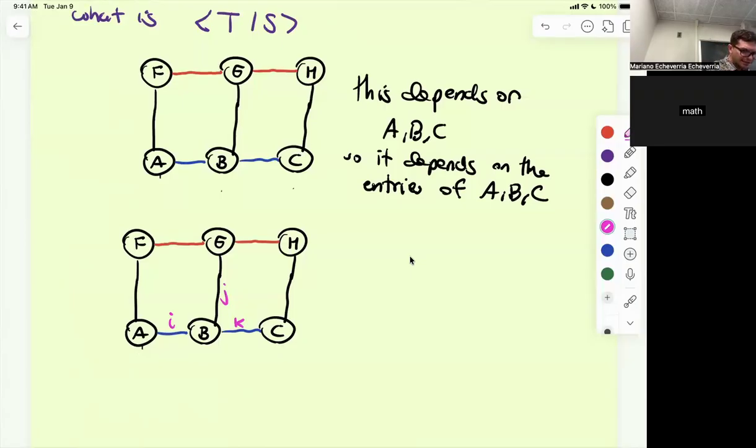So let's see. I'll use a different color and call these L, M, N, and then P, whatever they are.